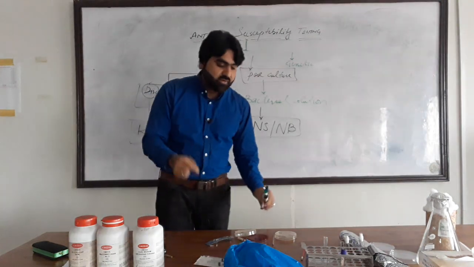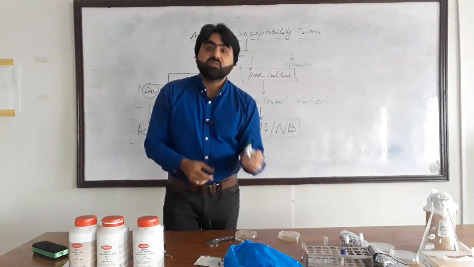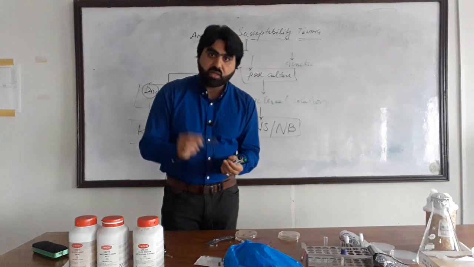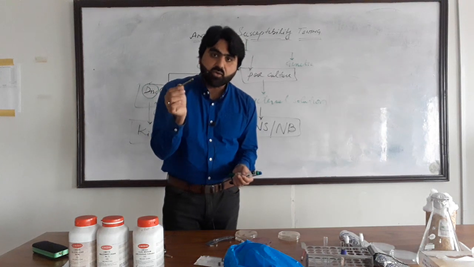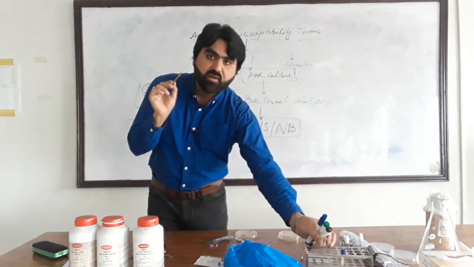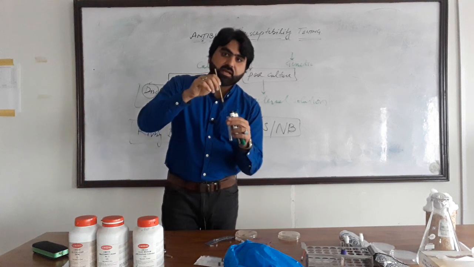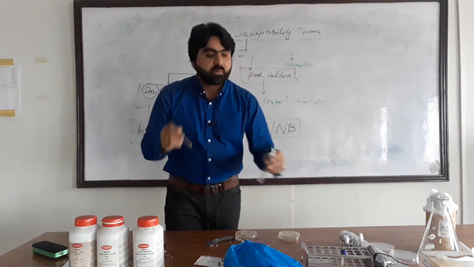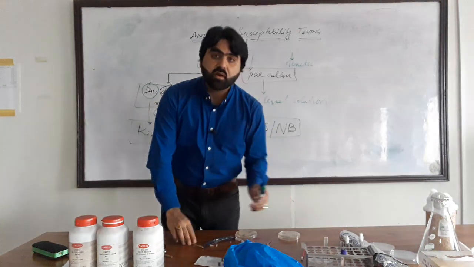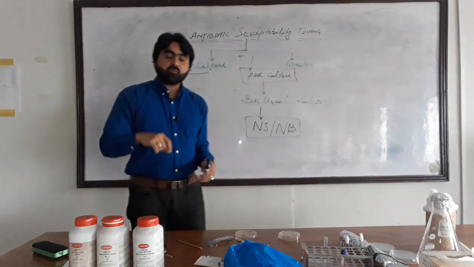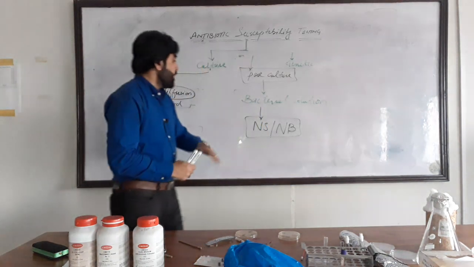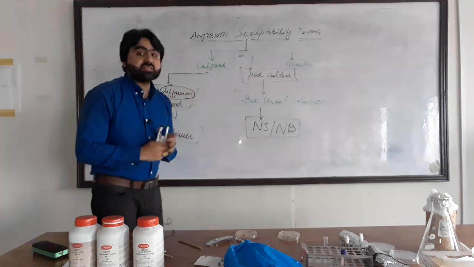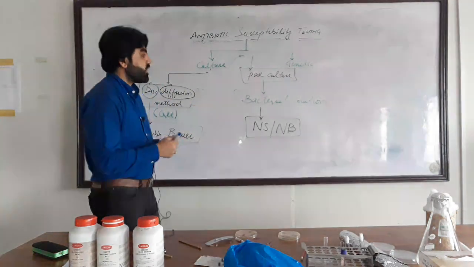How? First of all, you will take 3 to 5 isolated colonies with the help of a wire loop, and you will emulsify those colonies in a test tube containing normal saline or nutrient broth. After emulsification, the bacterial suspension will be ready for further use.